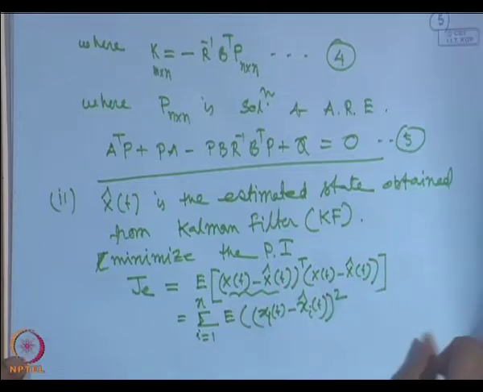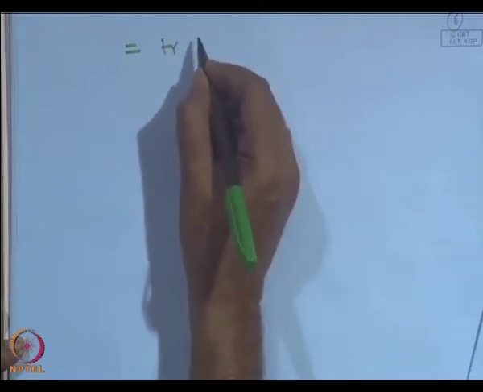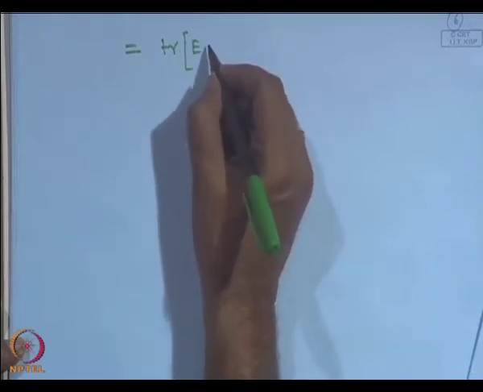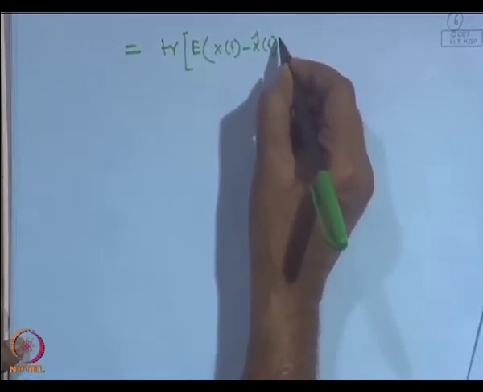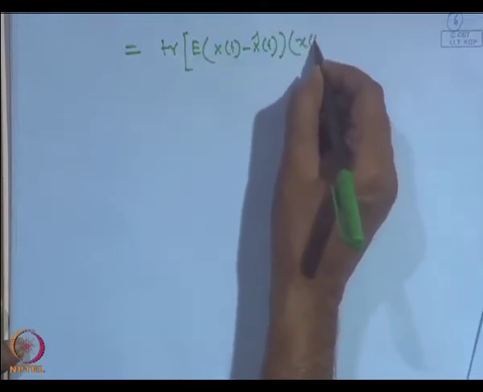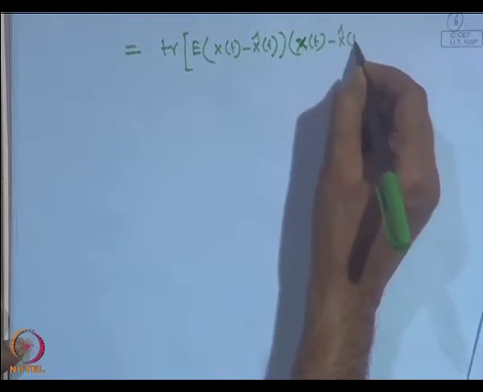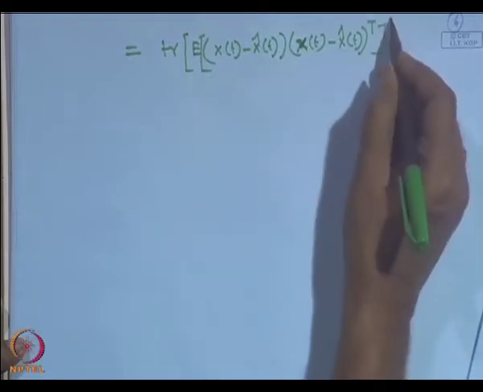So, one can also write it this way: minimize J, that means minimize the trace of E of (X(t) minus x hat(t)) into (X(t) minus x hat(t)) whole transpose. Take the trace and minimize the trace of that one.